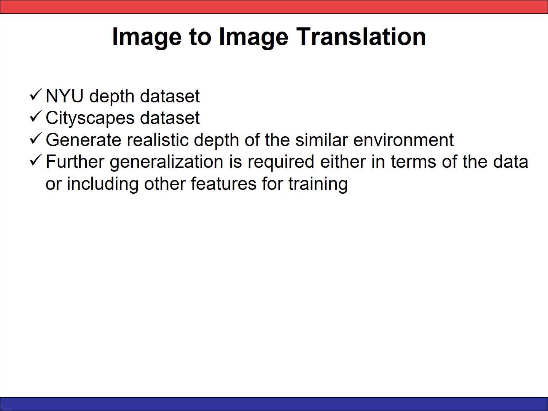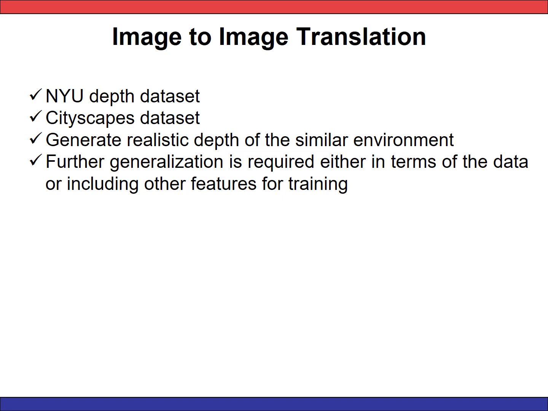The first one is the NYU depth dataset, which is an indoor dataset with different objects, whereas the Cityscapes dataset is an outdoor environment dataset that includes different cars, people, and other elements such as buildings, trees, etc. I used these two datasets to test this architecture, and it was able to generate realistic images.